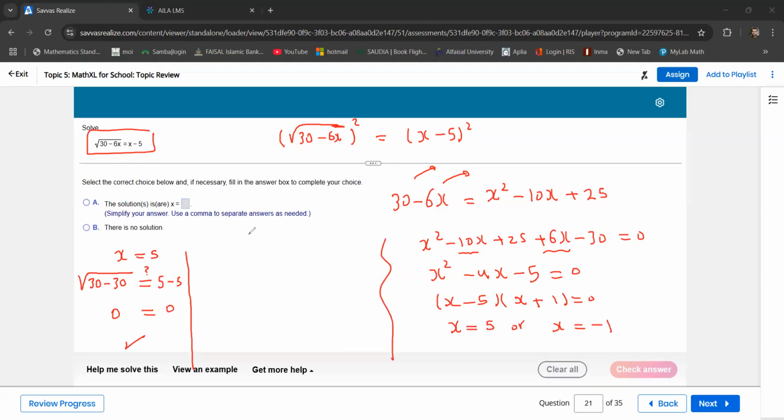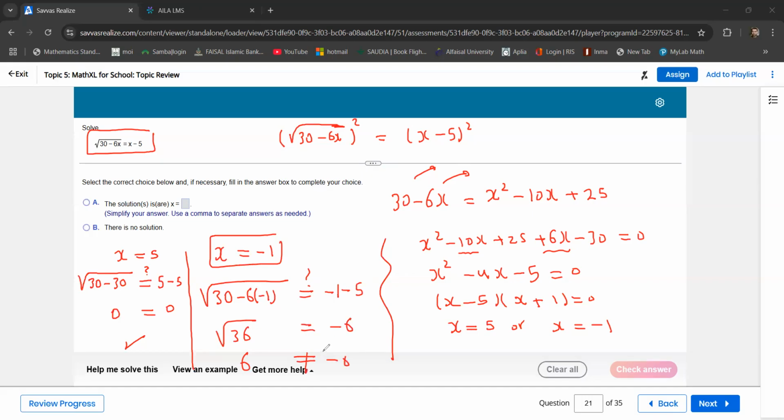Now, let's check x equals negative 1, whether it works or not. In the left-hand side, it's 30 minus 6 times negative 1, which is square root of 36, which is 6. Now, is it equal to x minus 5, which is negative 1 minus 5, means negative 6.